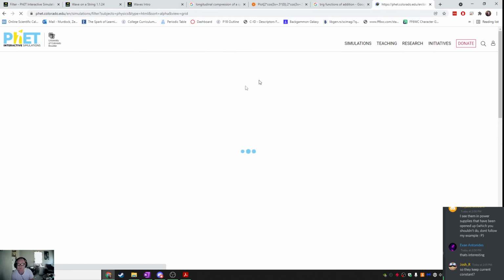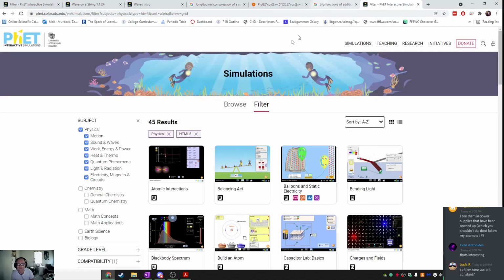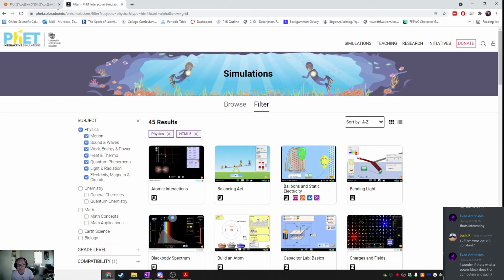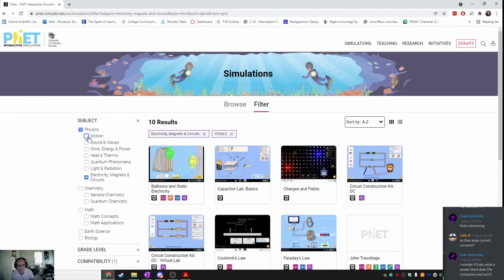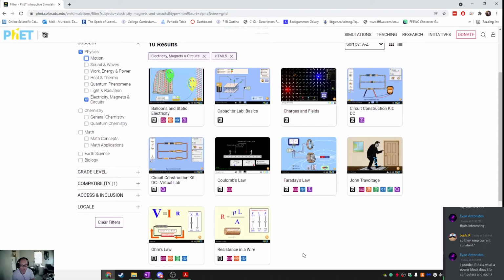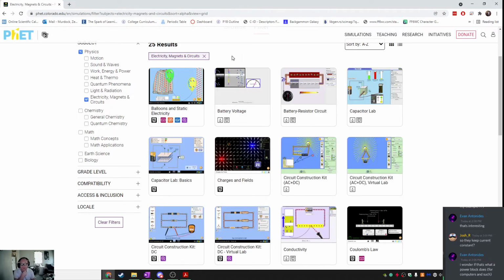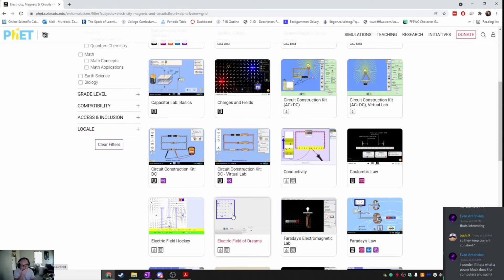PHET. And now we want to go to, oh, it's already open here because I was showing things to my other class. All right, what we want is the AC construction kit. And I think this one still works because I remember using it last time.